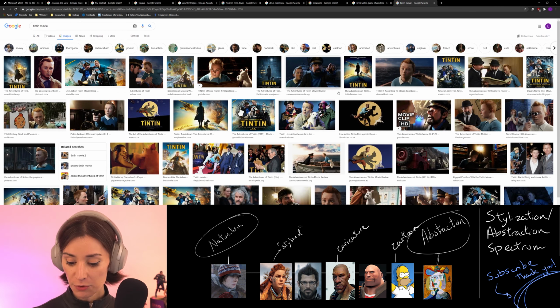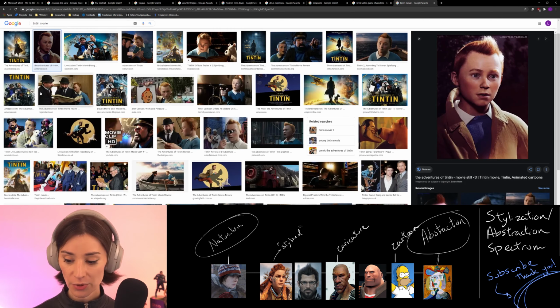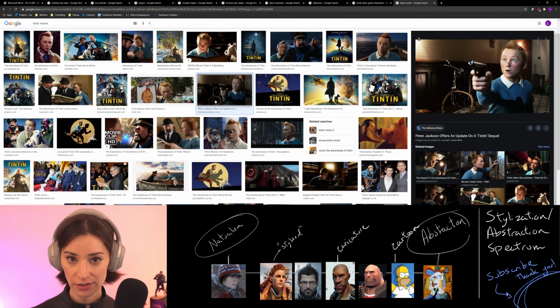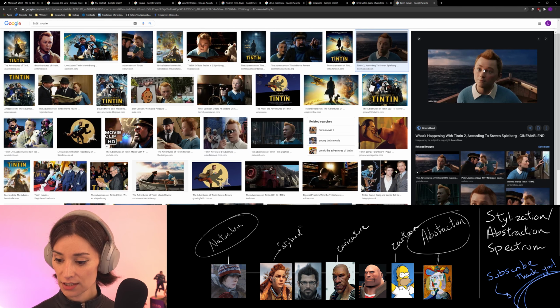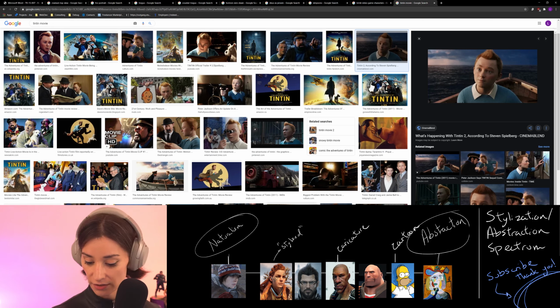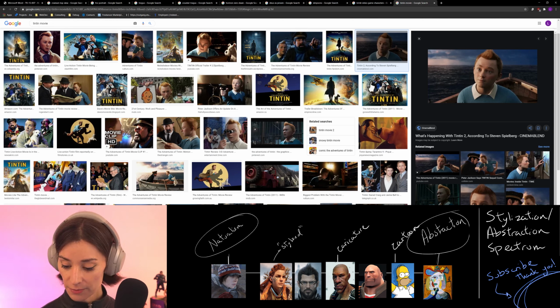So if you think of a movie like Tintin, what do you realize? Well, the primary volumes of the face are very realistic. They haven't really been stylized too much. What has been stylized in this case is really the secondary volumes.